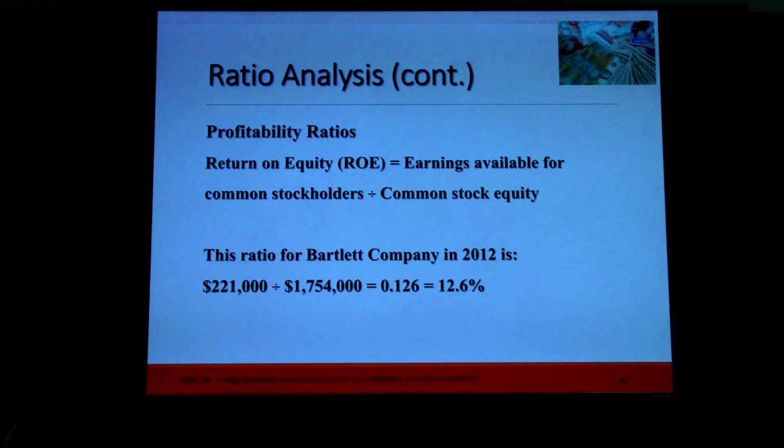It's equal to 12.6%. What does it mean? It means that for each $1 existing in the shape of common stock equity, it will generate 12.6% or 12.6 cents as earnings available for common stockholders.